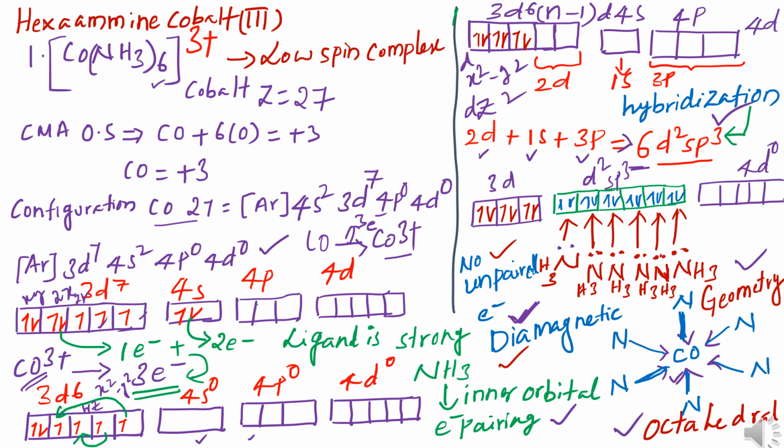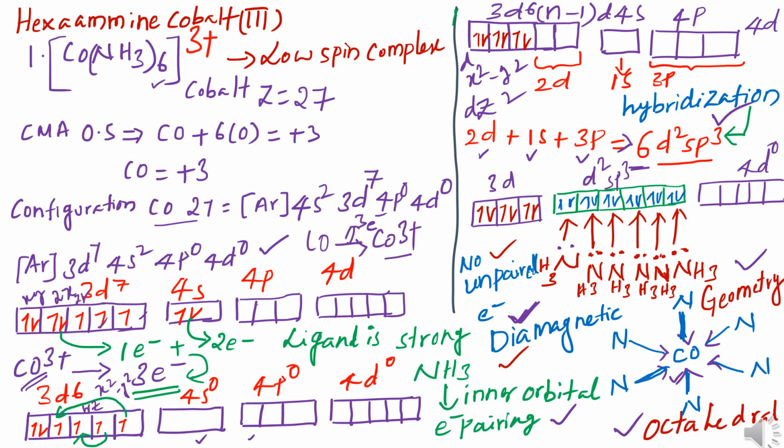The next step is the oxidation state. Here cobalt is linked with the neutral strong field ligand ammonia, whose charge is 0. Six molecules are there, but for each molecule the charge is 0, so cobalt plus 0 is equal to the whole complex charge, which is cationic, so it is +3.